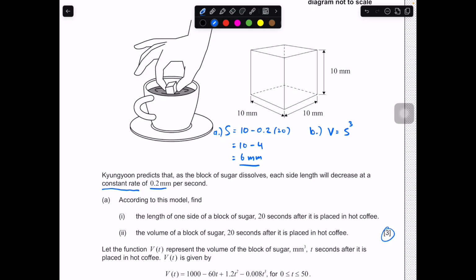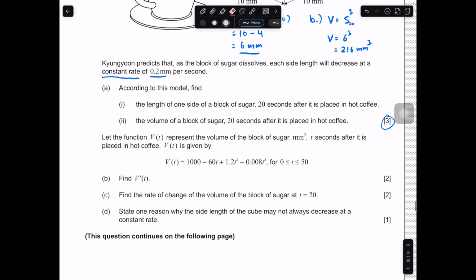And we know the side length after 20 seconds is going to be 6 millimeters. So the volume is equal to 6 cubed. We can work that out on our calculator, and it's going to be 216 millimeters, and this is, of course, going to be cubed units because it is volume. Okay. Pretty good. Let's go on.